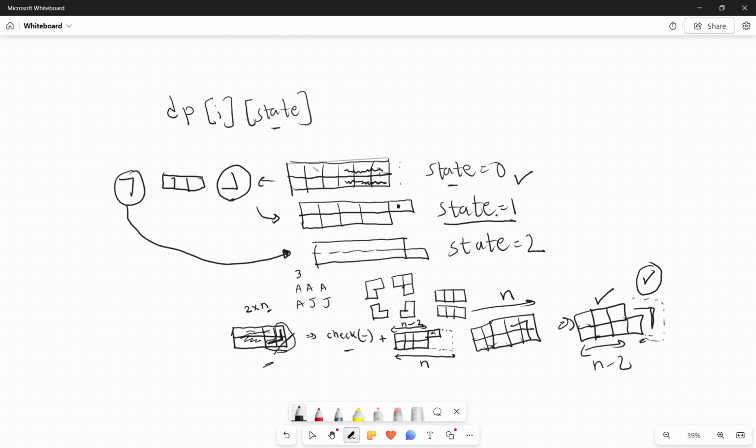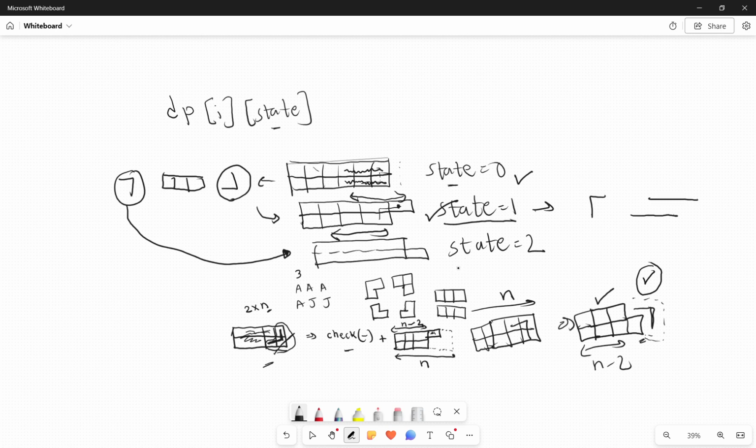Again, same for state 1. In state 1 he can select this from the last, this thing, or he can select these 3 and these 3 completely. Okay, so this thing and this thing for partitioning of districts.